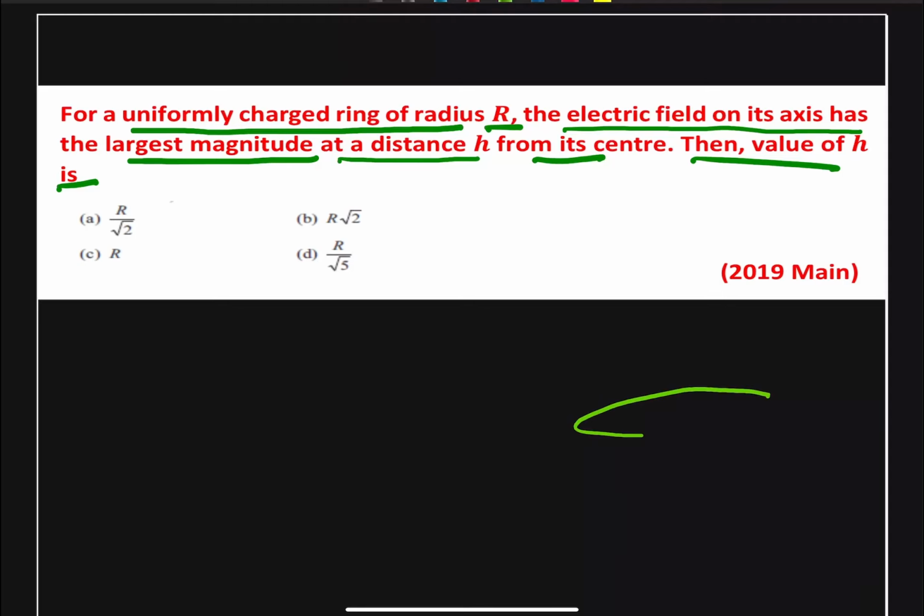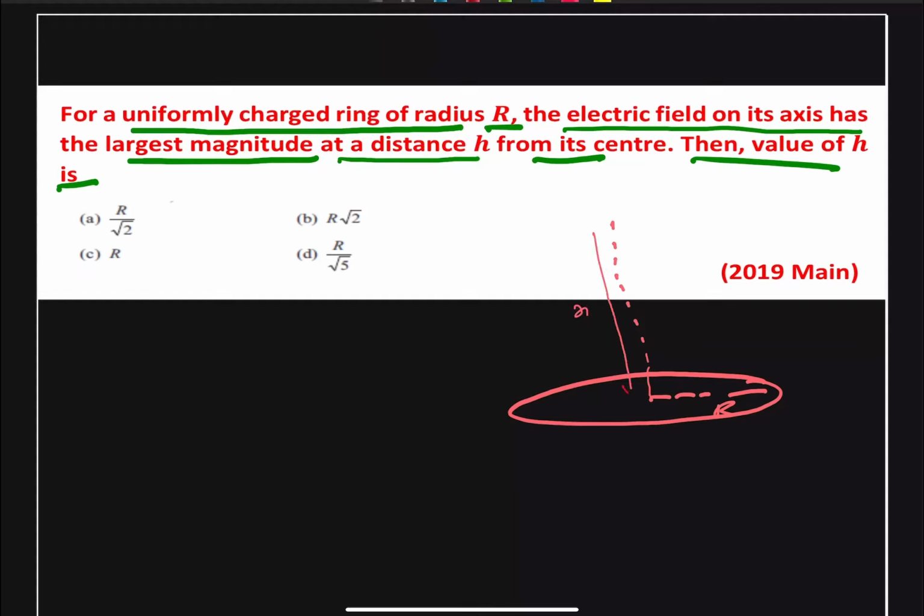This is our ring and radius is given as r, and on its axis at a distance, this is our r, and at a point, suppose x in general, and here let us suppose the electric field is given as E of x.